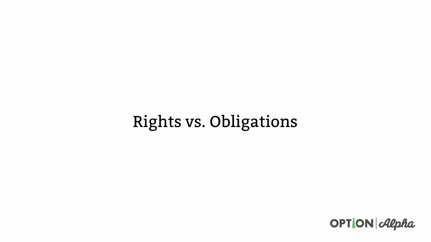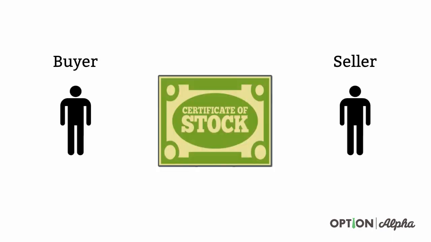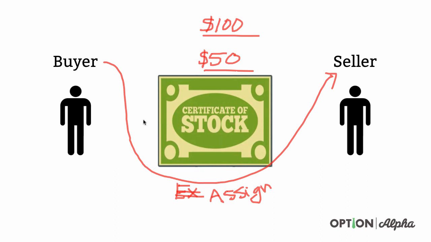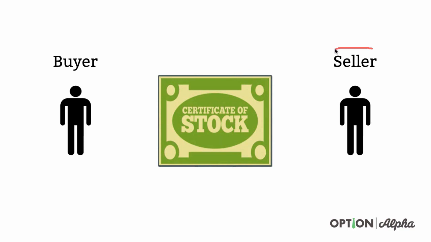Now, rights and obligations. Rights and obligations are a little bit confusing initially because you don't really know what's happening. But if you break it down and think through the process, remember that if you enter into an agreement with the option buyer as an option seller, you've basically given up your right to the stock for anything above $50, okay?